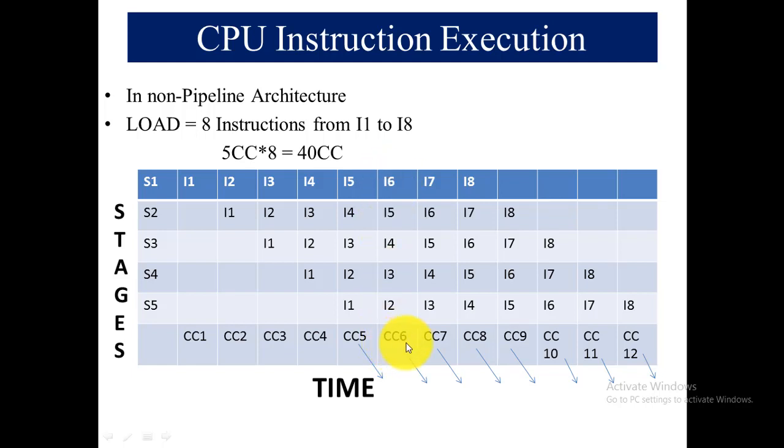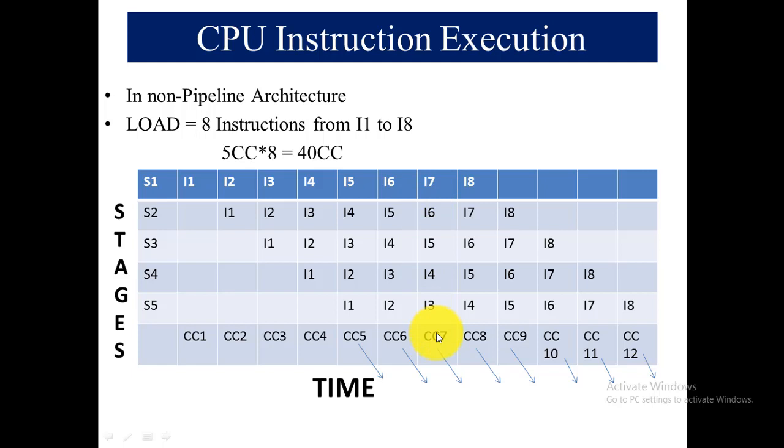At the 6th clock cycle, instruction 2 has completed, so it will come out and be replaced by instruction 3. In the next clock cycle, instruction 3 will come out, and as the first stage will be empty, we will start fetching the next instruction, that is instruction 7.